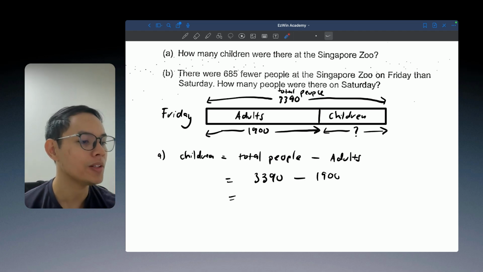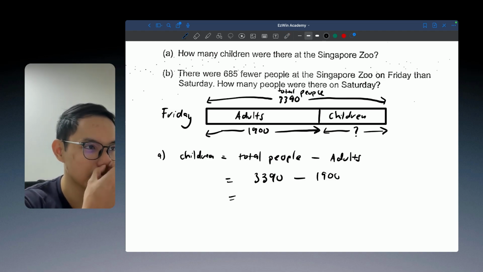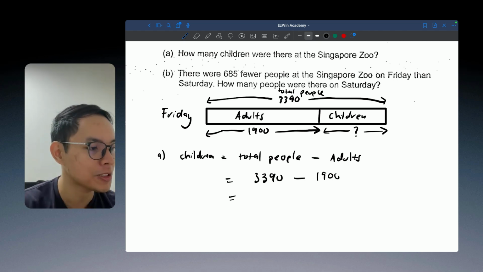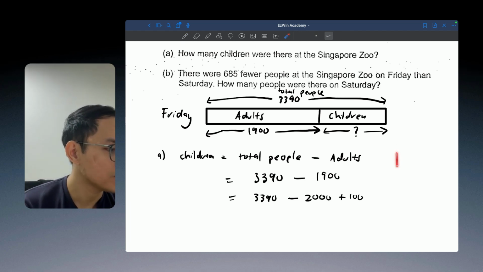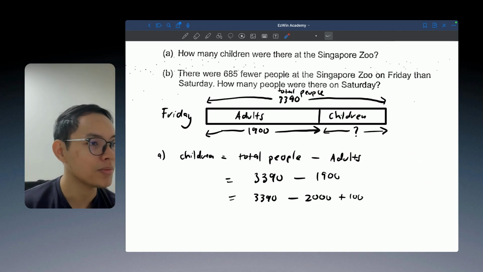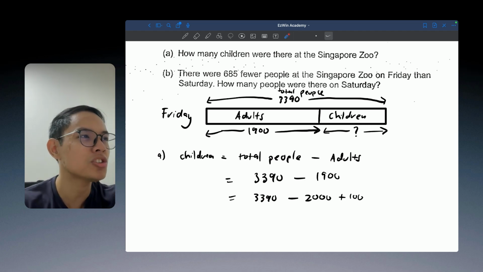So usually what I'll do, as a hack for simple calculation, is 3,390 minus 2,000 plus 100. Because what is 1,900? 1,900 is essentially 2,000 minus 100, correct or not? So it's simpler for you to minus 2,000, because 3,390 minus 2,000 is just 3 minus 2.